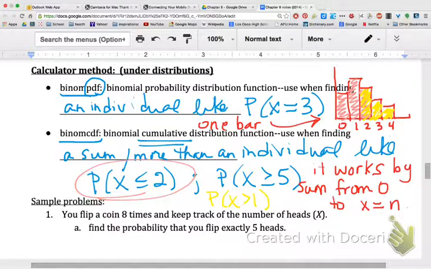So if I want stuff that's later in the picture, I'll have to figure out which ones I don't want. So in this case, I don't want 0 and 1. And then I have to remember that the entire picture equals 1, so I would want to do 1 minus the probability that x is less than or equal to 1. And so I'll take 1 and then I'll subtract these first 2 bars, and then that will give me the yellow. You'll get lots of practice at this.